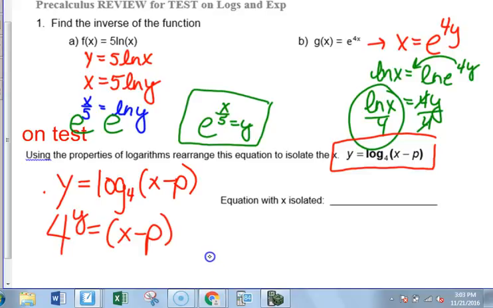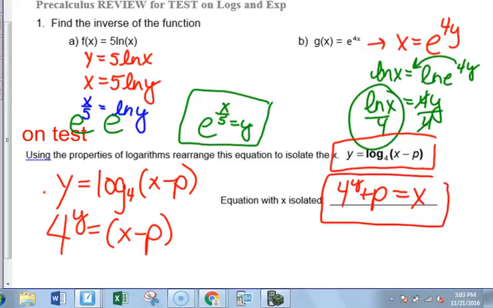All we got to do to get the x is add p over to that side, right? 4 to the y plus p equals x. Don't make it super complicated. I know it looks complicated because it has too many variables, but everybody all right?